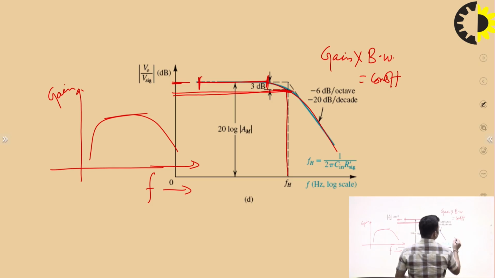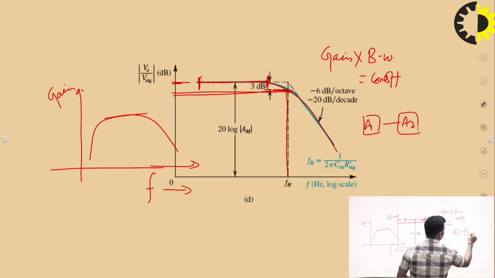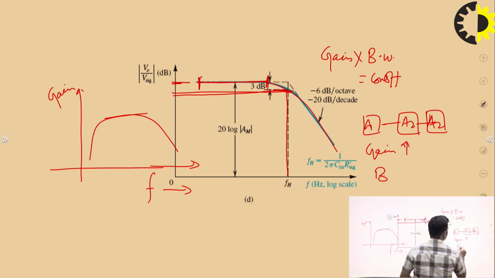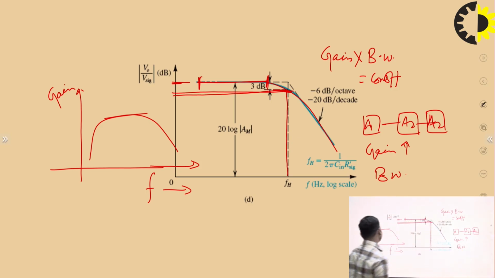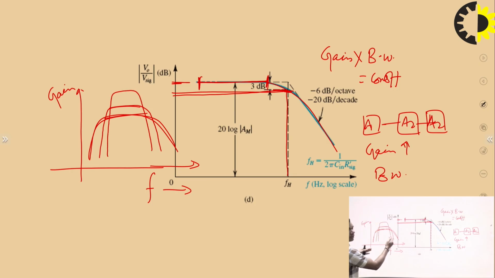So, if you cascade various amplifiers, then obviously their gain will increase, but bandwidth will decrease. That means if this is the response of a single stage amplifier, then for a two stage amplifier, the gain variation will be like this. Bandwidth has been increased, but gain is decreasing. If we connect more amplifiers, then bandwidth will decrease, however gain may increase.